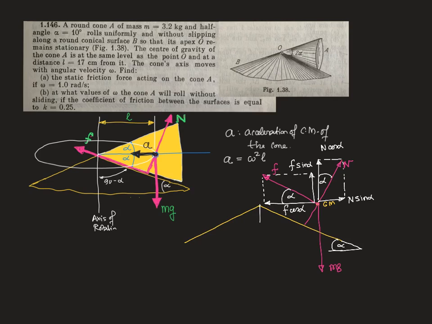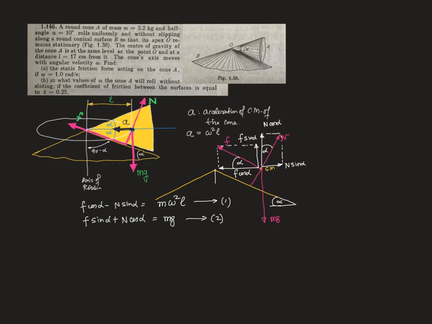So we can write F cos alpha minus N sin alpha is equal to m into a, that means the acceleration of the center of mass of the cone, that is omega square L. Let it be equation 1. And the second equation: F sin alpha plus N cos alpha is equal to mg. Let's name it equation 2.